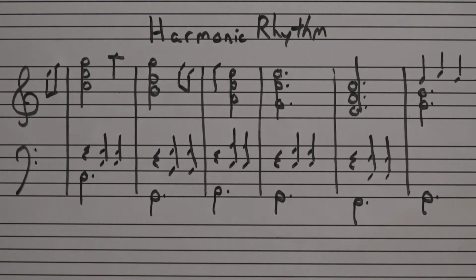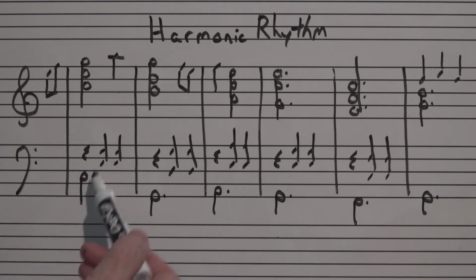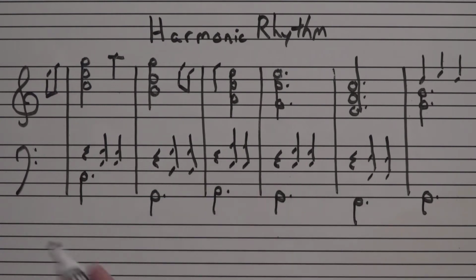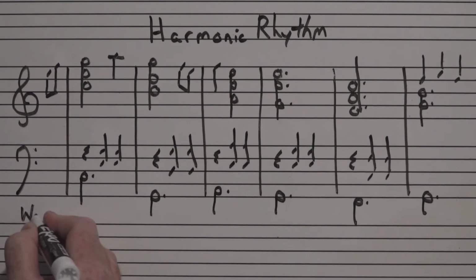This excerpt is the piano part from Billy Joel's The Piano Man. And you should be able to analyze the meter very easily. That the time signature is 3/4, and this back and forth in the left hand is clearly a waltz.